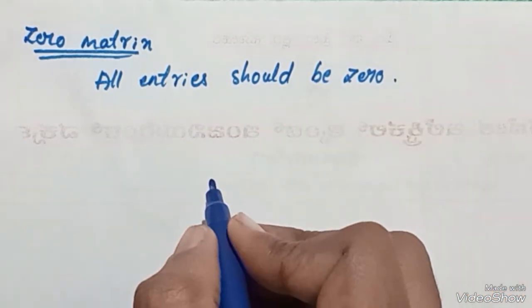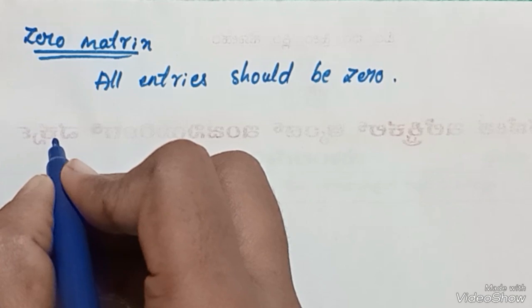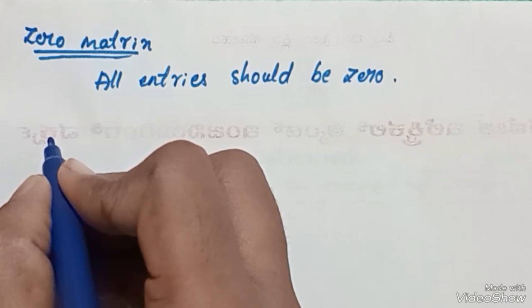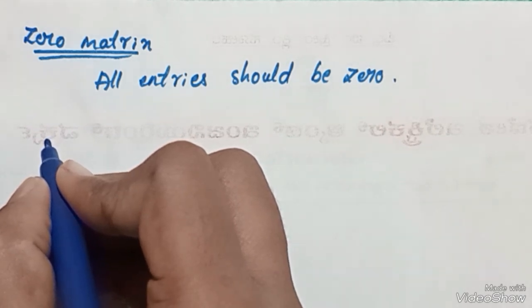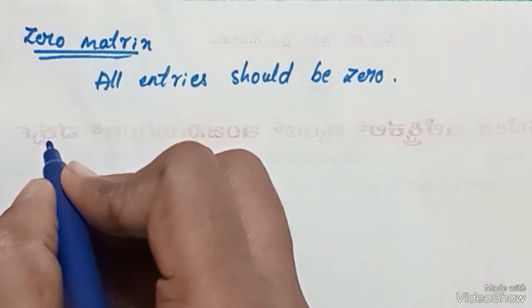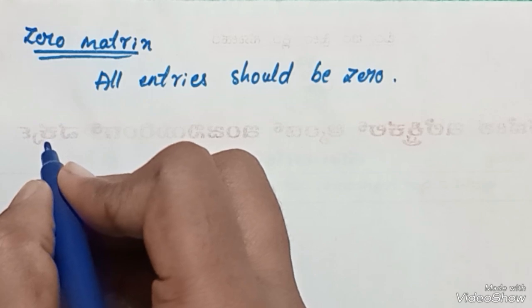Now the types of matrices are over. What are the types we have discussed? Column matrix, row matrix, square matrix, diagonal matrix, scalar matrix, unit matrix, and 0 matrix.